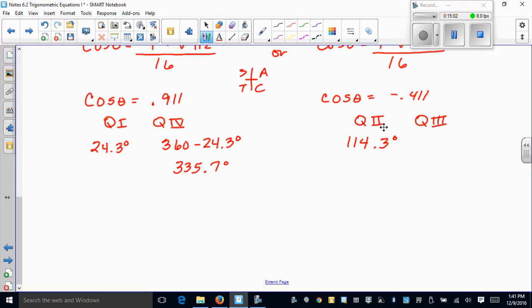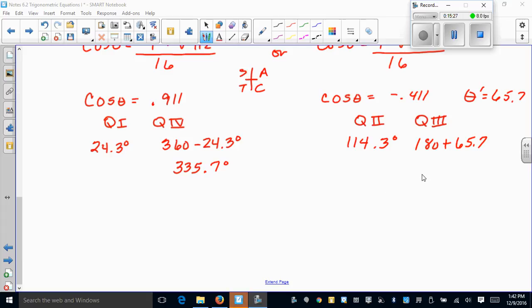So on this one, your reference angle is 65.7. So to get to quadrant 3, it's going to be 180 plus the 65.7.